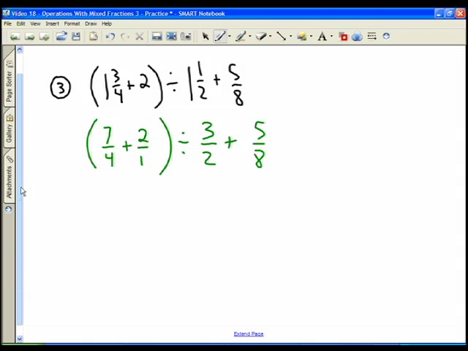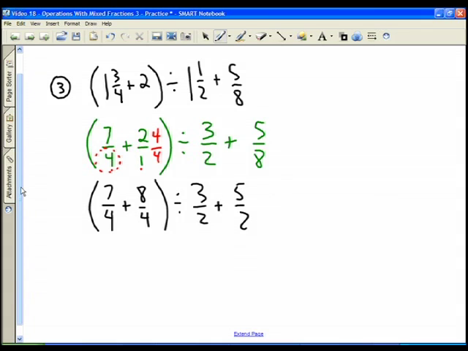And because 4 is divisible by 1, we can say that 4 will be our common denominator. So we are going to multiply here then by 4 over 4. And now we will get 7/4 plus 2 times 4 is 8/4 divided by 3/2 plus 5/8.